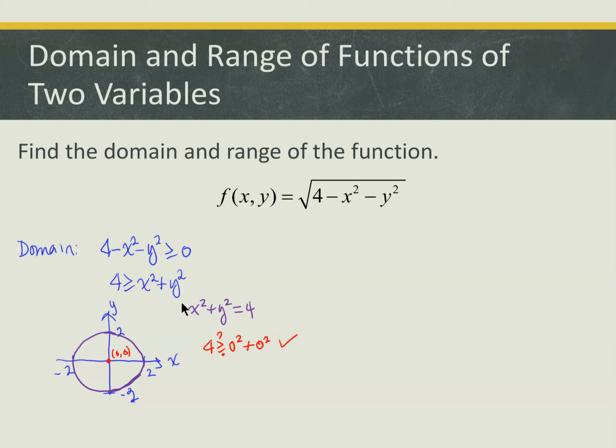But just to be certain, let's pick a point on the outside of the circle. And let's pick a point like up here. Let's pick 0, 3. That's a fairly easy point to work with. And so the question is, is 4 greater than or equal to, let's see, my x is 0, so 0 squared plus 3 squared.